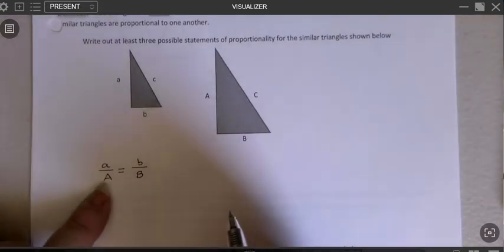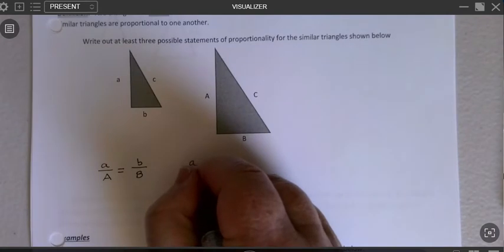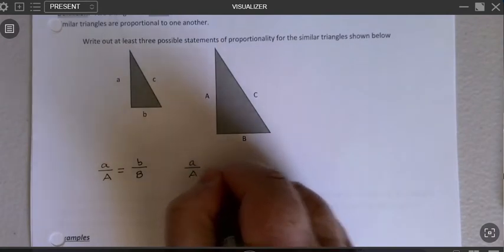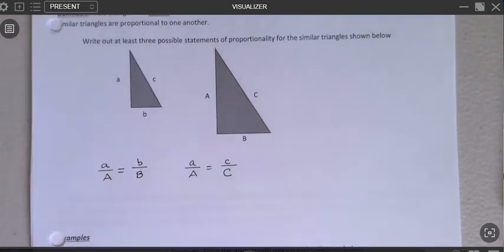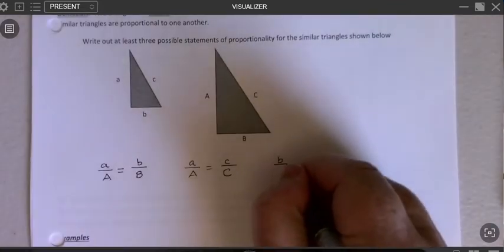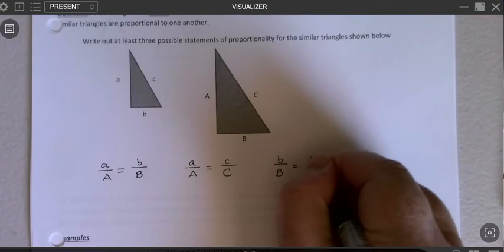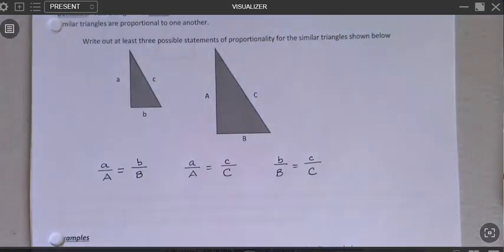I can compare the A's to the C's as well. Or I could compare the B's and the C's. So those are my 3 proportionality statements.